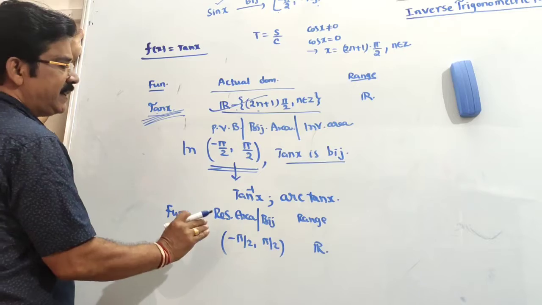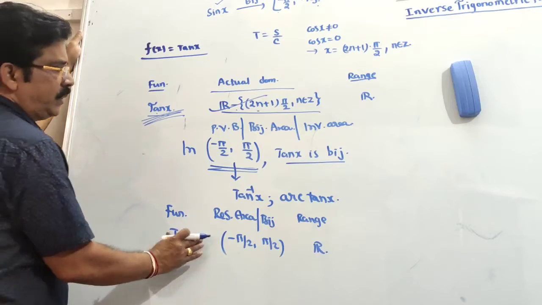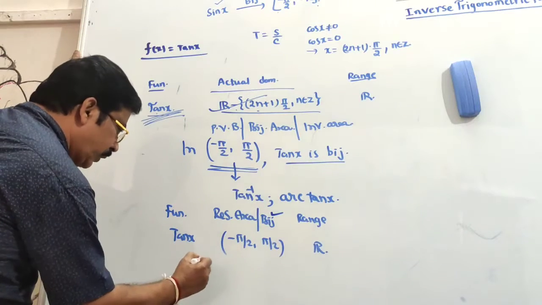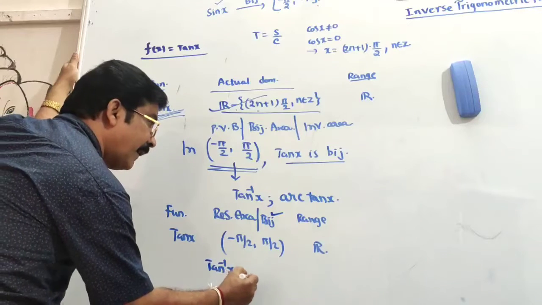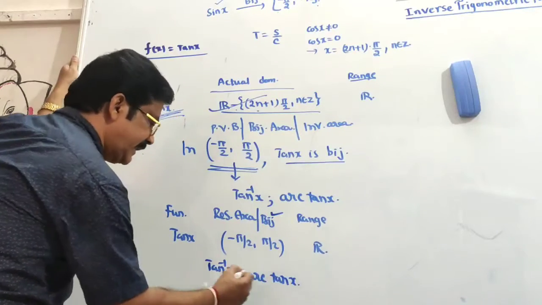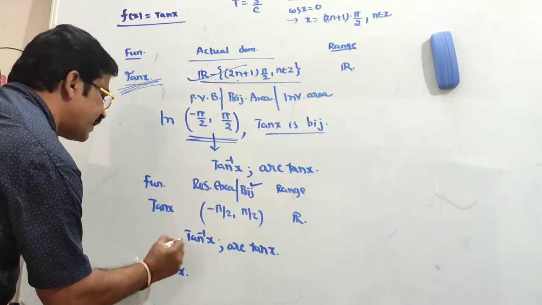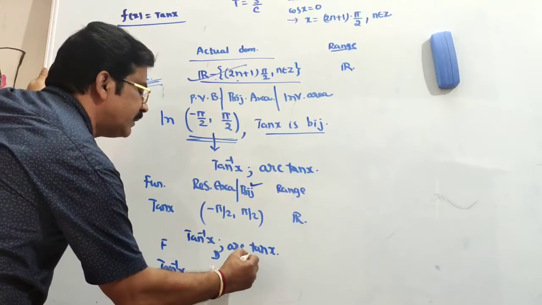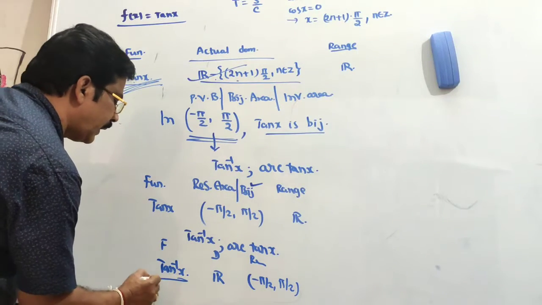Therefore, in the restricted area, the open interval of minus pi by 2 to plus pi by 2, tan x is bijective. The range is the same. Therefore, its inverse exists. Its inverse is denoted by tan inverse x or arc tan x. It is a definition. So for the function tan inverse x, the domain is R, and the range is the open interval of minus pi by 2 comma plus pi by 2.